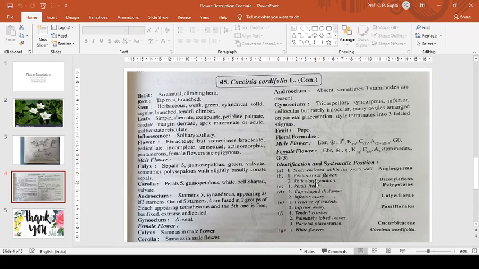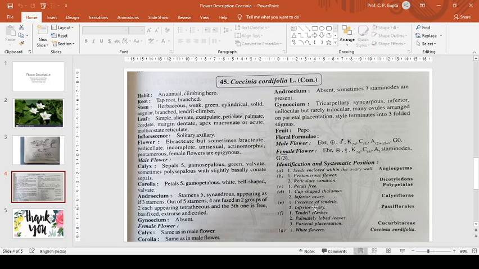Now we come to the identification and systematic position. An angiosperm: seeds enclosed within the ovary wall. Then dicotyledonous: pentamerous flower, reticulate venation. Then polypetalae: petals free. Then calyciflorae: cup-shaped thalamus and inferior ovary. Now comes the order Passiflorales.